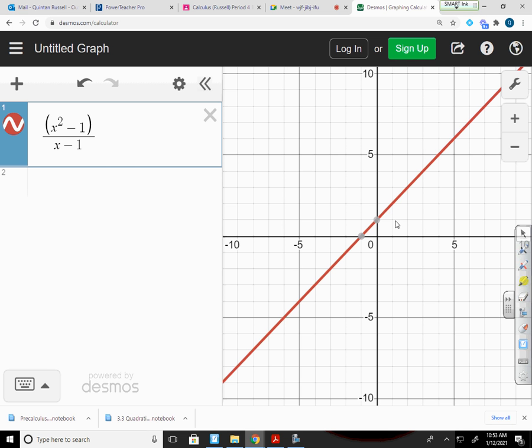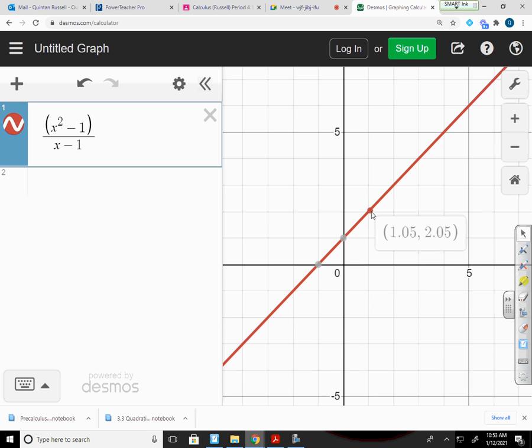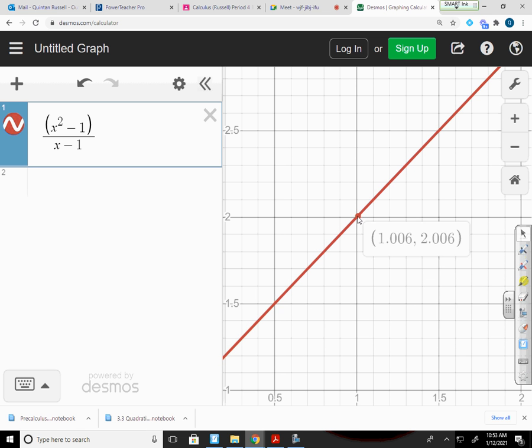You're going to see it creates this graph of a line that looks a lot like x plus 1. But when I go to actually 1, you see that the point is undefined. There's a hole in this graph where x equals 1. But if I'm looking at the behavior of the graph, it looks just like the line x plus 1.